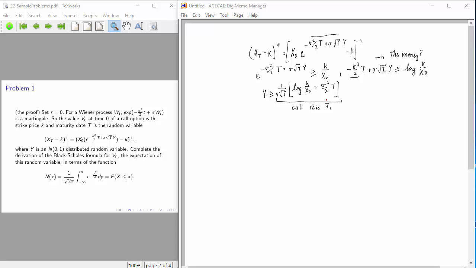Okay, so now we can calculate the expectation by using the density function for the normal distribution because we know the lower limit of integration.